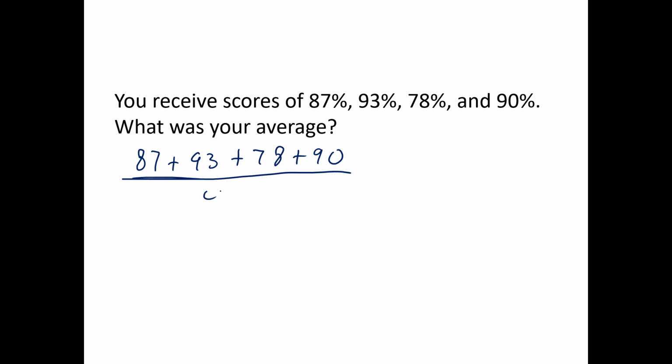There are 4 scores, and so then that is your average. So 87 plus 93 plus 78 plus 90 divided by 4, your average score is 87%.